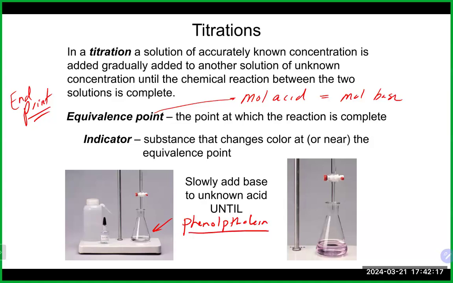And phenolphthalein is a pH indicator. And as we talked about, it is colorless in acidic solutions, hence no color on the left there. It is also colorless in neutral solutions, but when it gets to basic solutions, it does turn a lovely shade of pink.